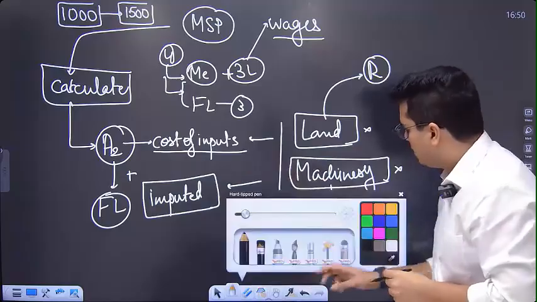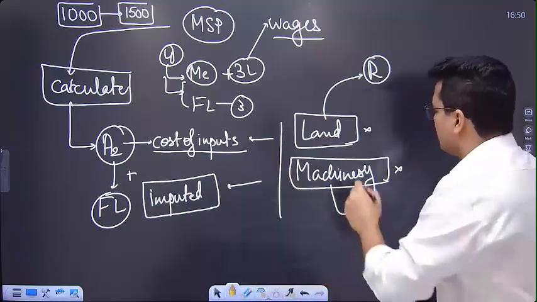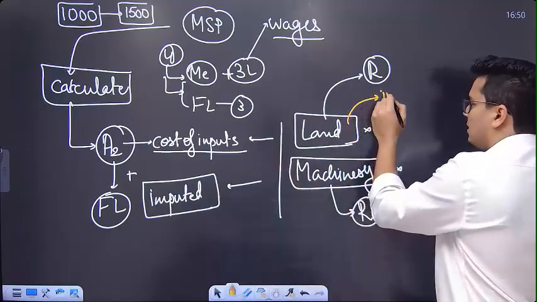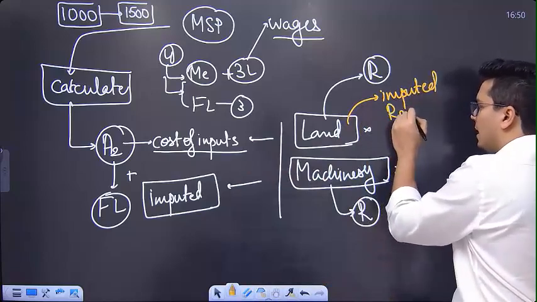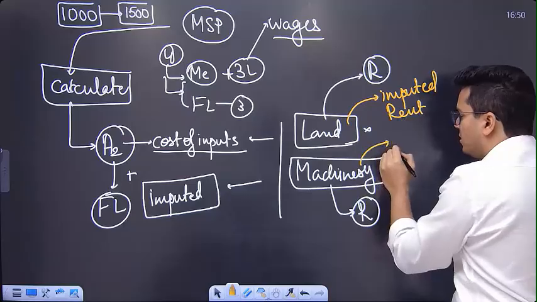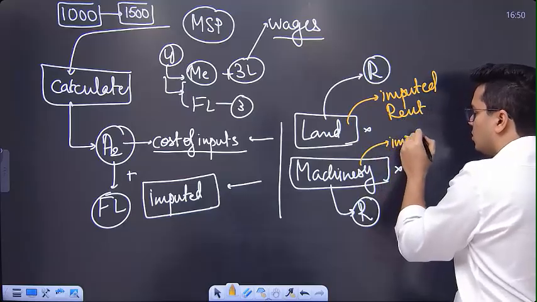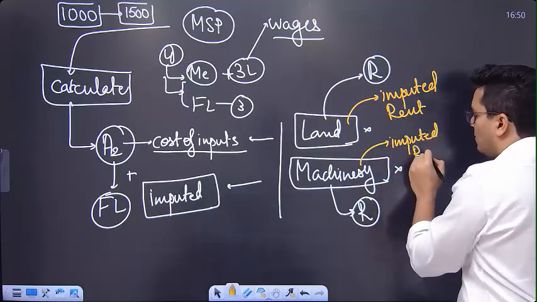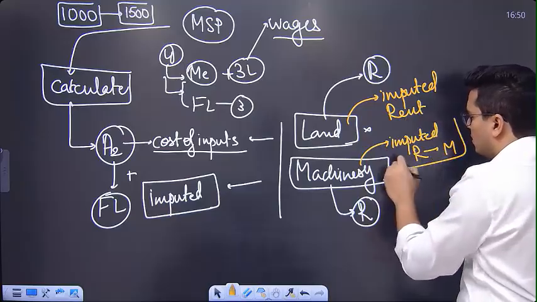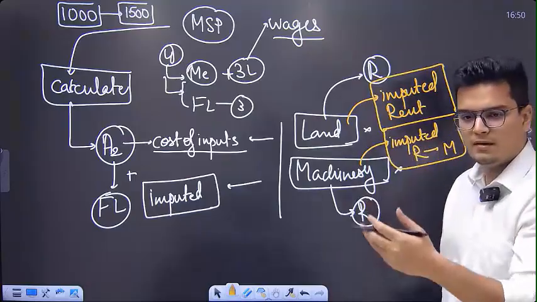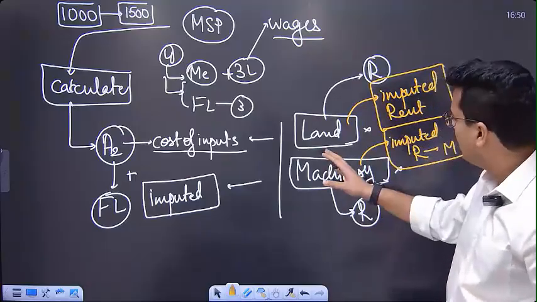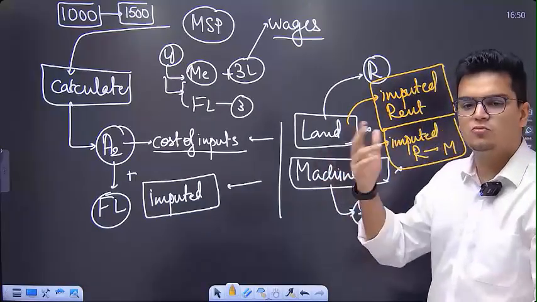So they say that the cost imputed rent of land, similarly, same idea of imputed cost, imputed rent on my land and imputed rent on my machinery needs to be paid.